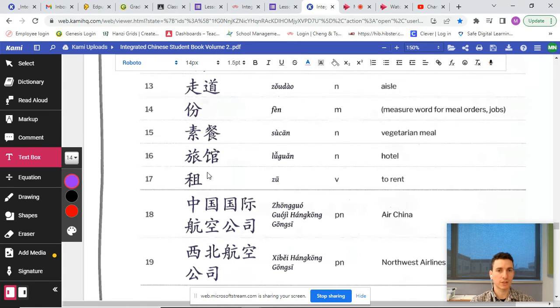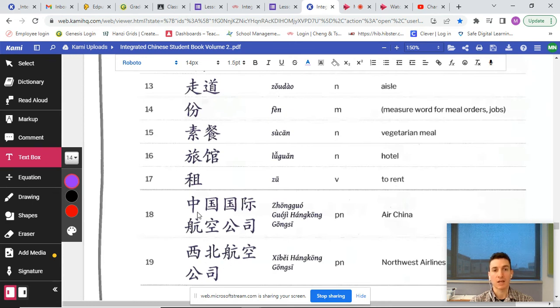And then 租 is to rent. And then you have 中国国际航空公司, China International Airline Company. In short, it's called Air China. And then here it says 西北航空公司, Northwest Airline Company, in other words, Northwest Airlines.